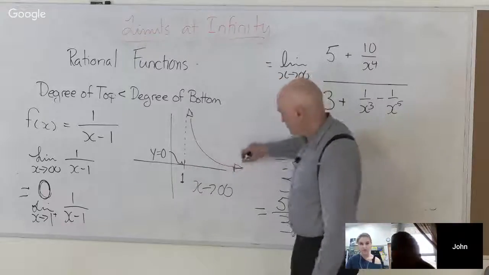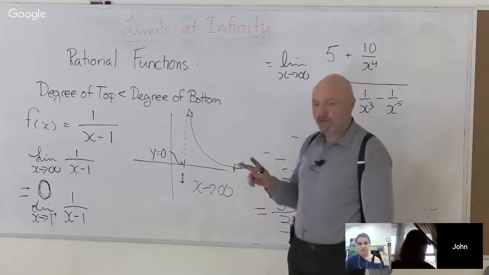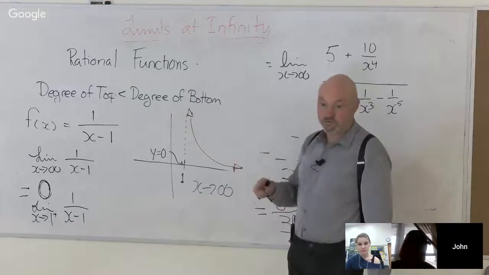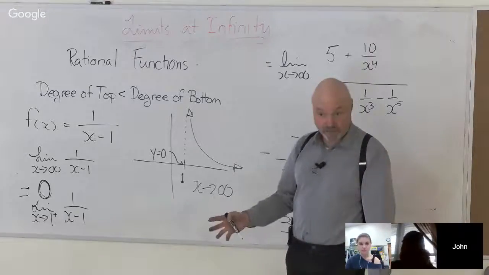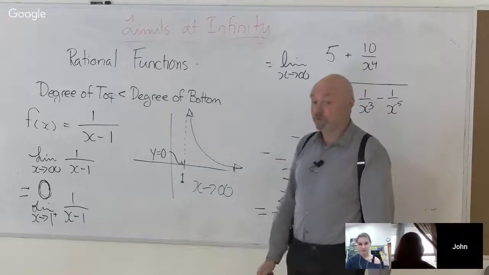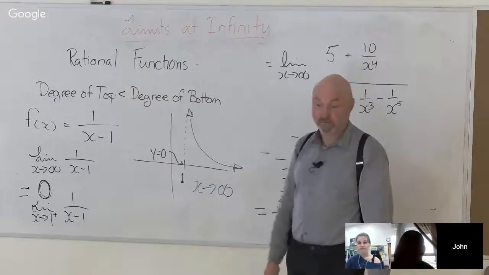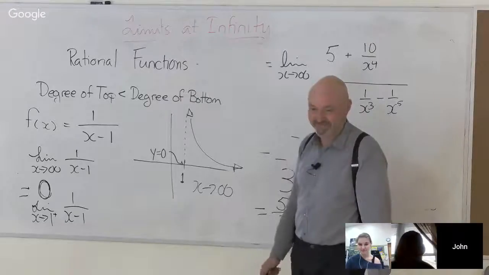What's the limit as I approach 1 from the right? You could say the function heads for infinity, so I would accept that as an answer. Or you could say does not exist. I would accept both, but I'd really like to see you say it goes to infinity.